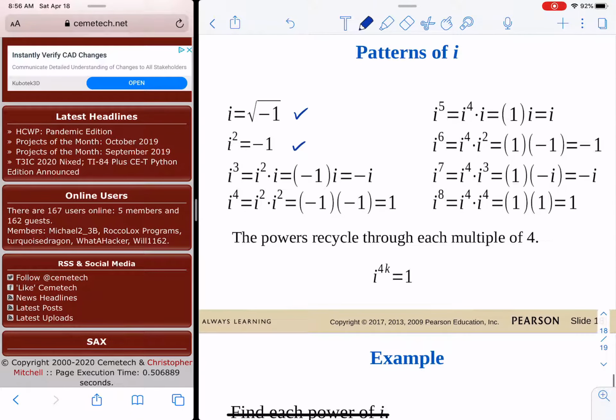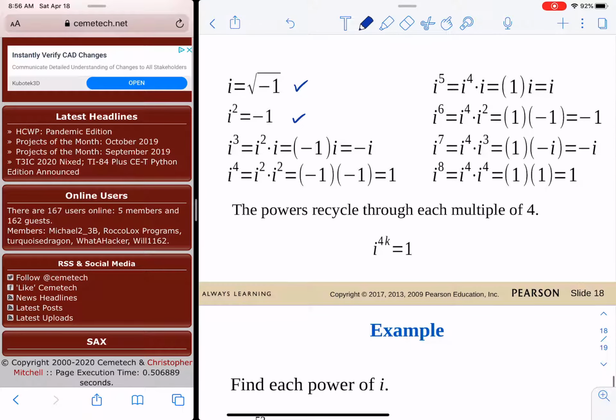Now, i cubed, I could write it as i squared times i. But I know that i squared is negative 1, so i cubed would simply be negative i. i raised to 4 is i squared times i squared, but we know i squared is negative 1, so we have negative 1 times negative 1, we get 1.